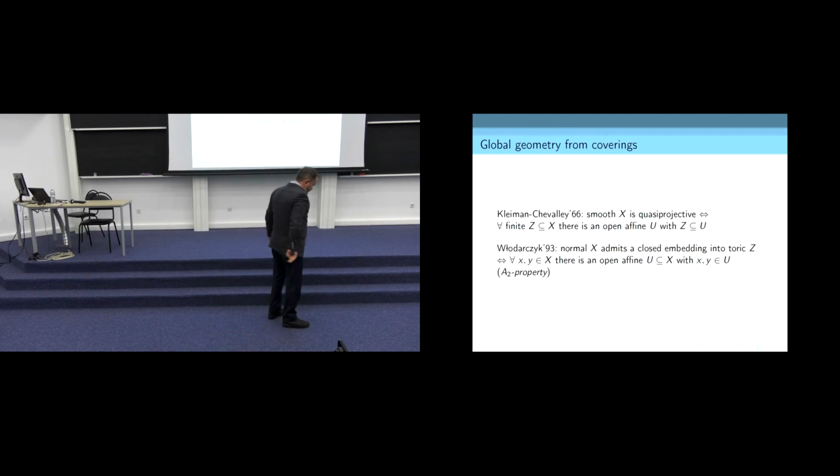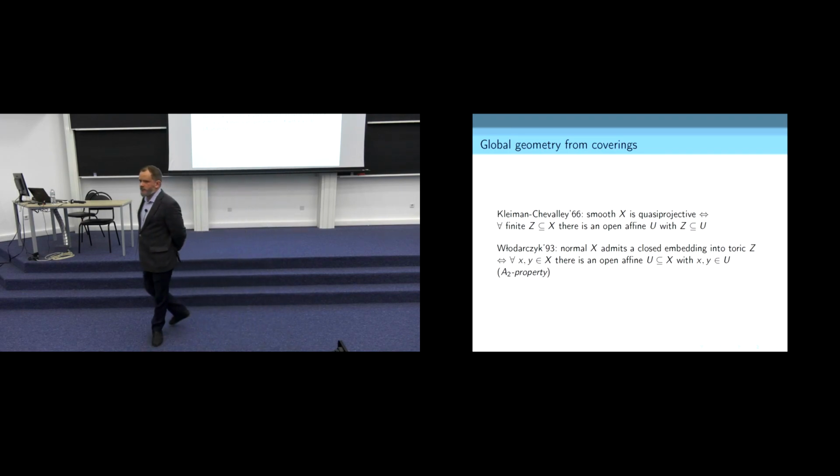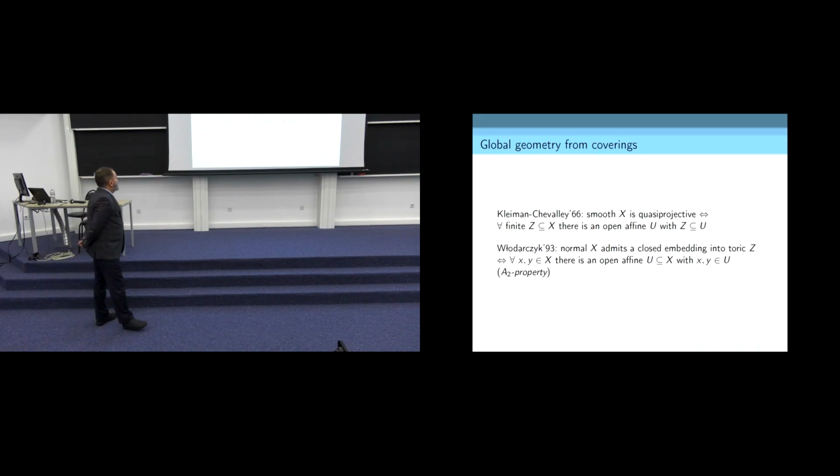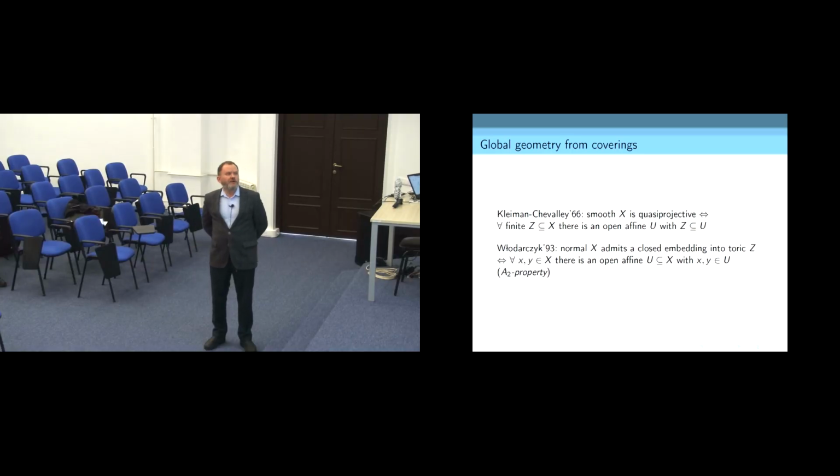There are some generalizations to the non-smooth case, but it will be more technical, and I'm not ready to discuss it now. But I would like to also recall a result by Wlodarczyk that for normal varieties, we can weaken this requirement. We can ask that not any finite subset, but any 2 points are contained in an open affine subset.